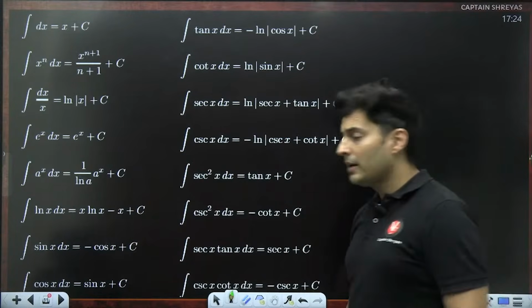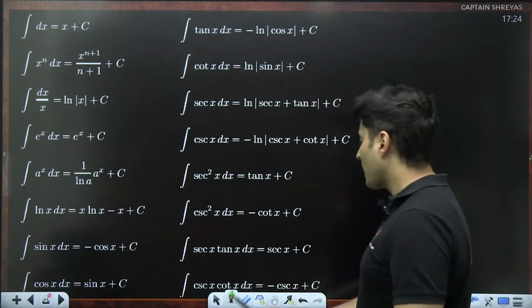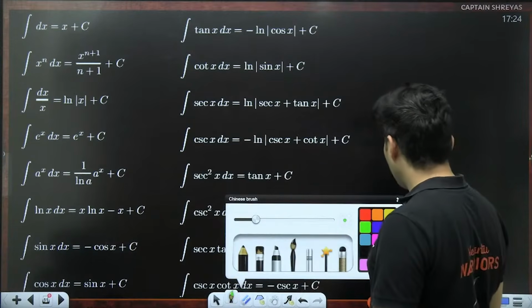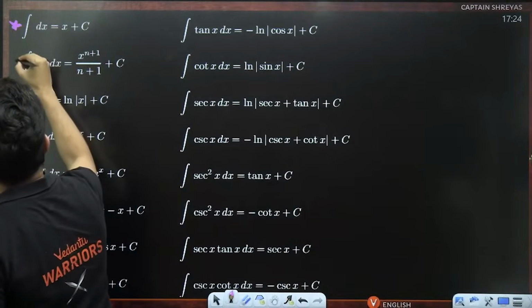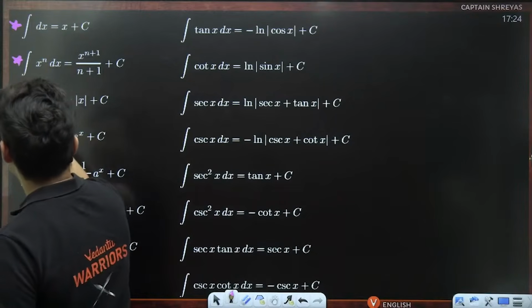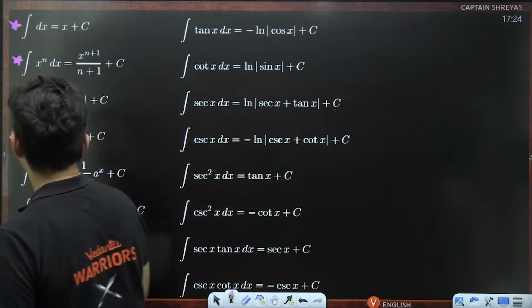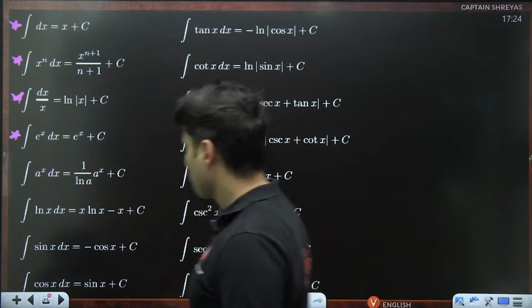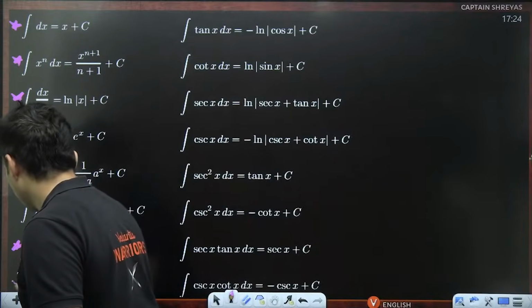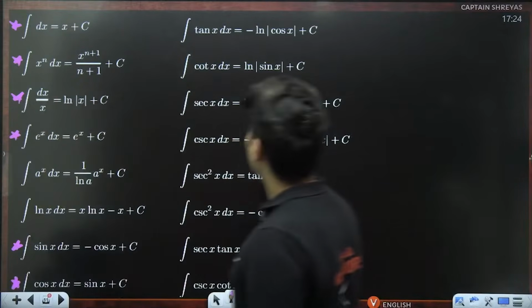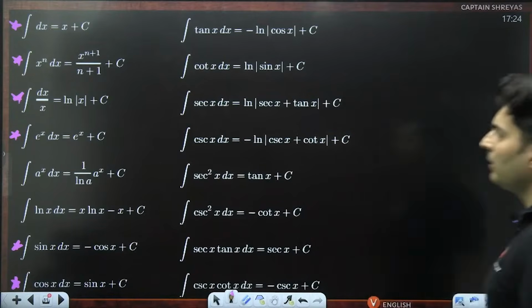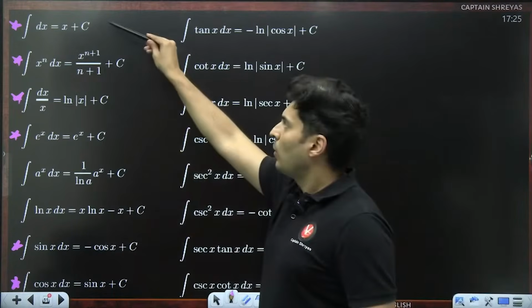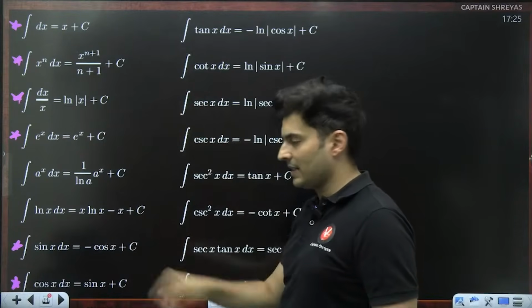Now it looks very lengthy and tedious at the beginning, but to start with, I would say just remember only these formulas. This one, this one, this one, this one, this one, this one, and I think this should be enough. For starters, 1, 2, 3, 4, 5, 6.